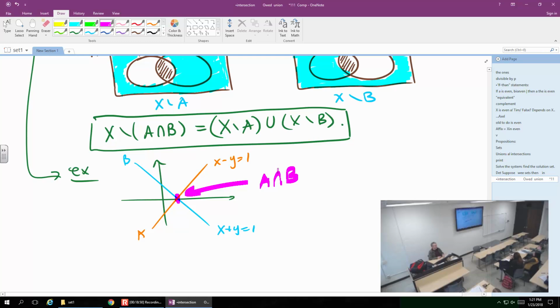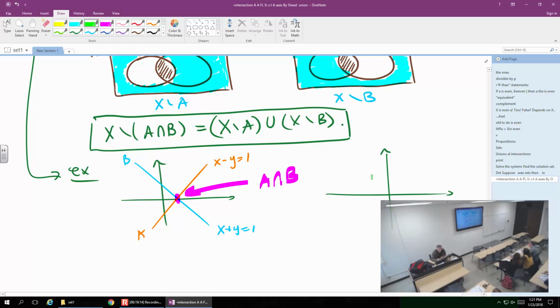And then what do we do? Now, what is the complement of that point? It is everything else but this point. And so what is it? You just take, if it is feasible to draw it, but I could try again. So I take the complement of the first line.